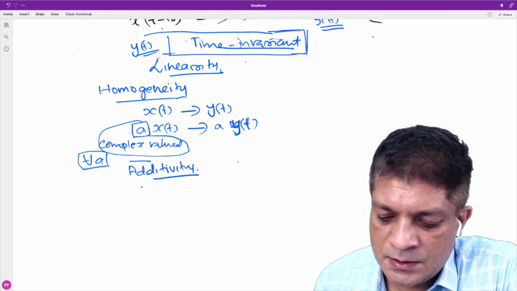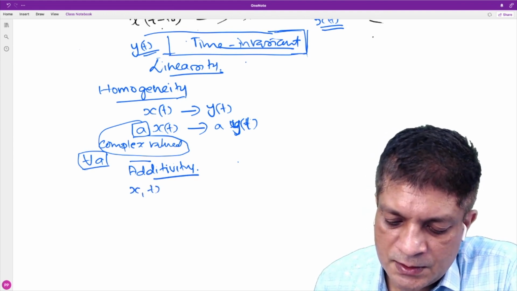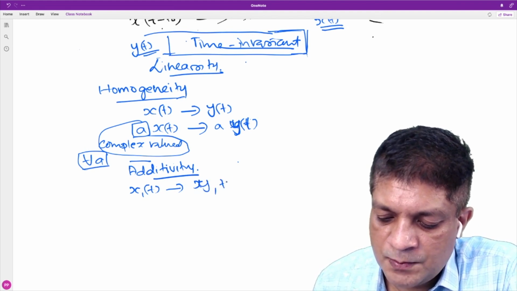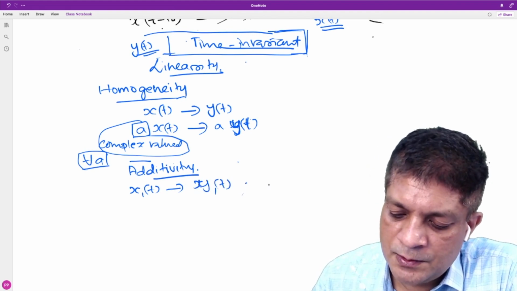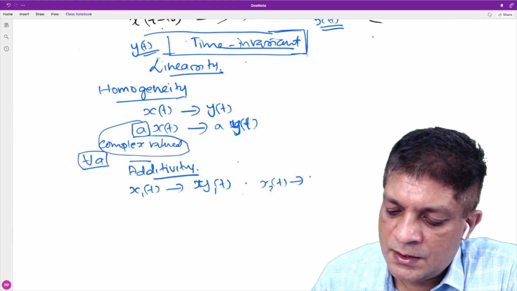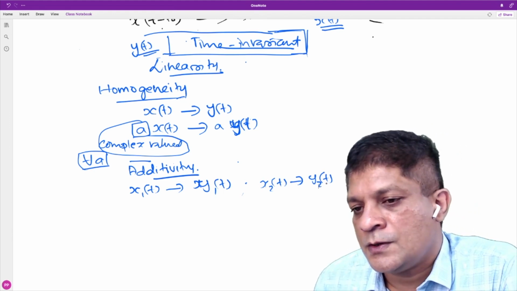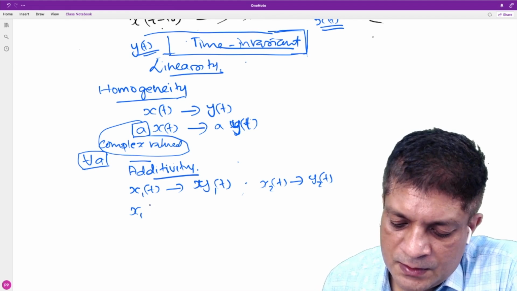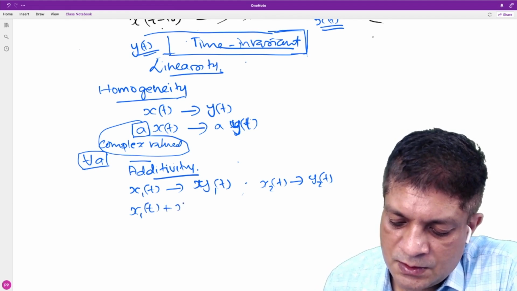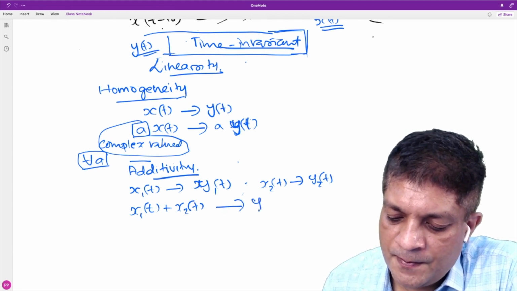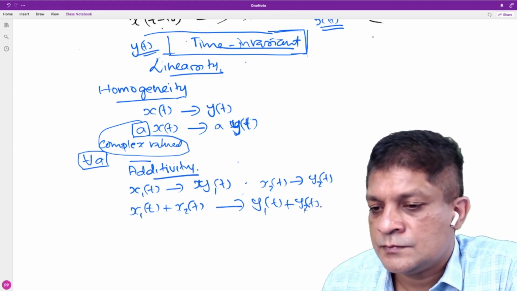Additivity means that if x1(t) is the input to a system and y1(t) is the output, and if we give a different input x2(t) and y2(t) is the output, then the additivity property says that if we give the sum of these two signals as the input, then the output should be the sum y1(t) plus y2(t).